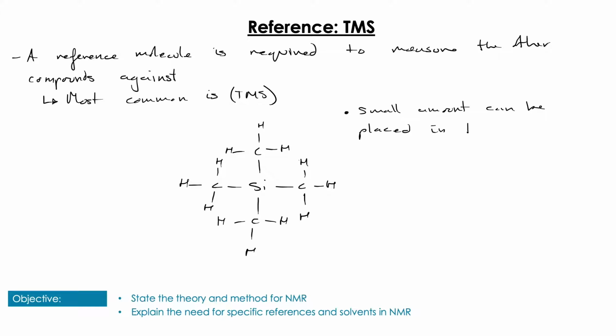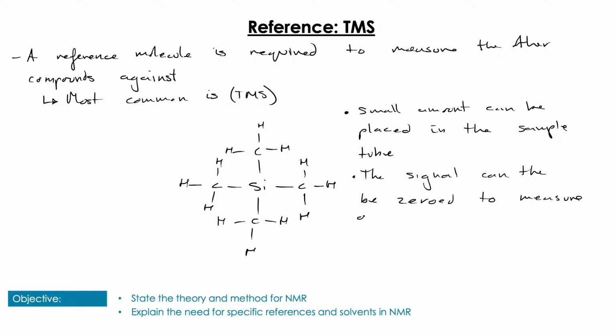So a small amount of TMS can be placed in the sample tube and run before we do another sample, and we use this signal as 0. And the reason we use TMS in particular is due to its physical property of having a very low boiling point, which means it's easy to clean, but also because of its chemical properties.